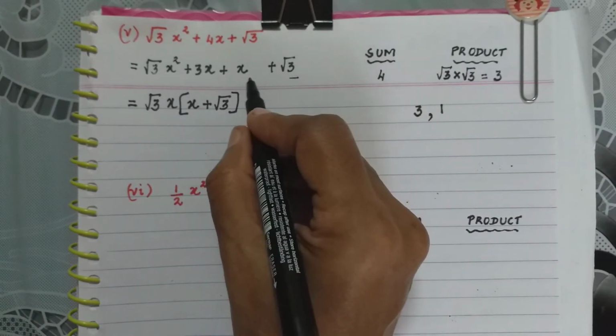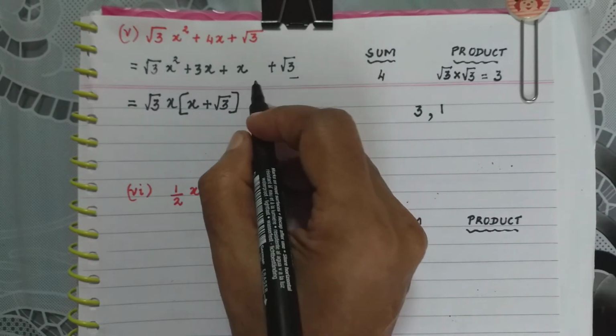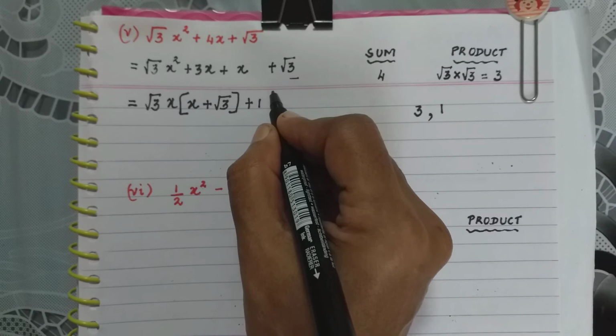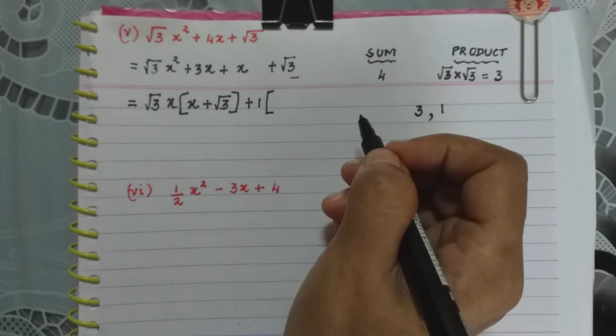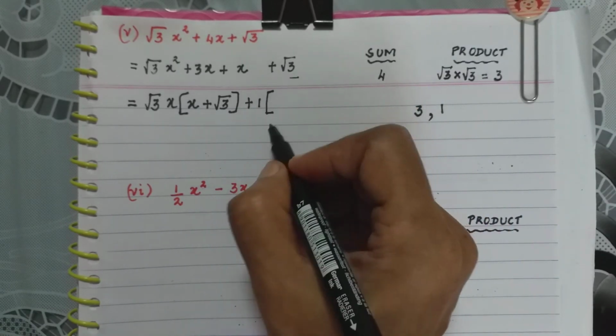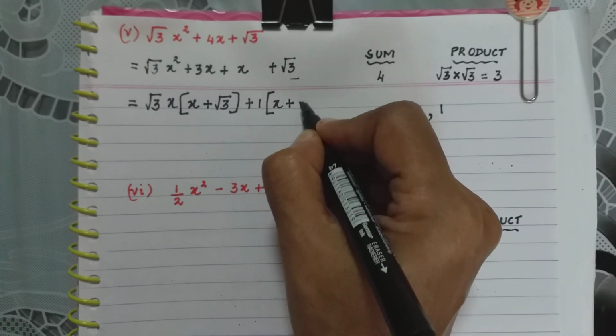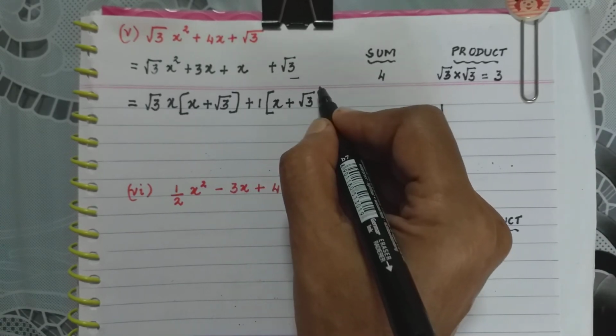Now we have the next two terms, x plus √3. In that nothing is common, so I write plus 1 and put a bracket. If nothing is common, then the terms remain as it is, x plus √3.